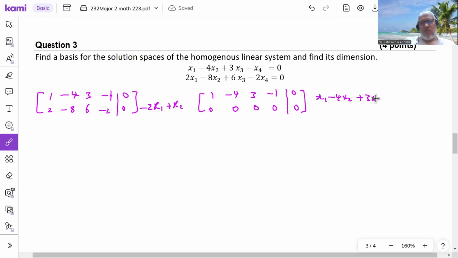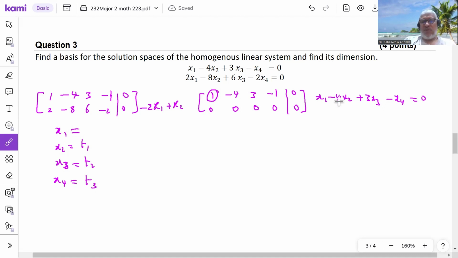There are 4 variables in this question. Only the first one is basic. The other 3 are free variables because we don't have a leading one here. So to solve this system, I call x2, for example, t1, x3, t2 parameters, and x4, t3.